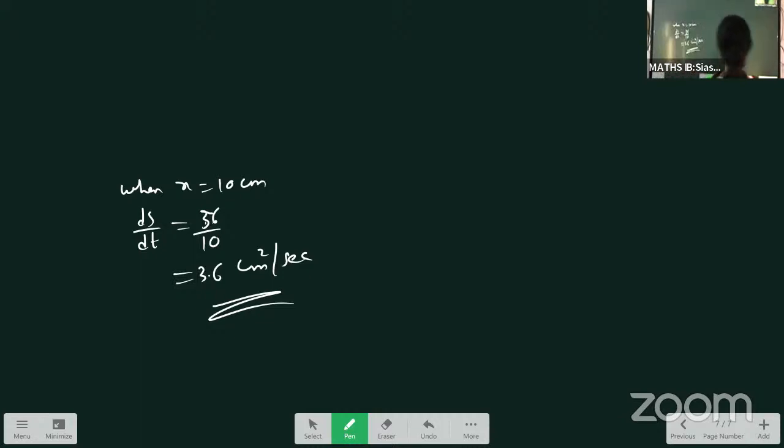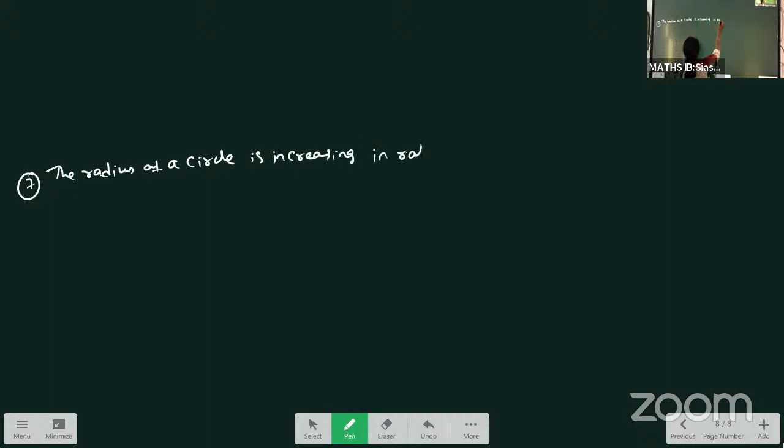Next question. The radius of a circle is increasing at the rate of 0.7 centimeter per second.